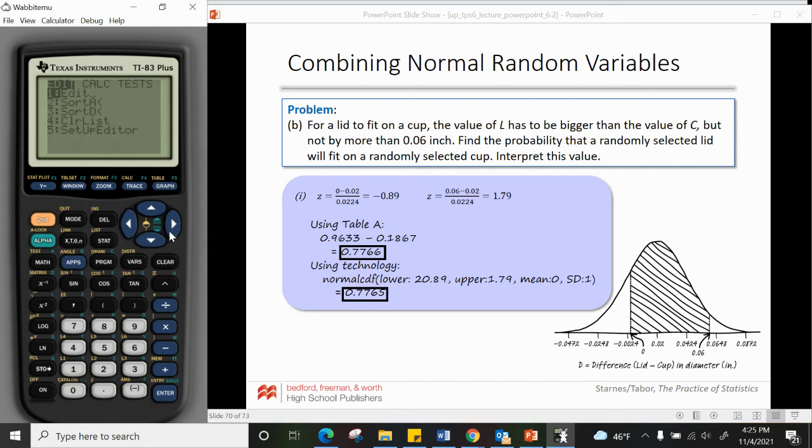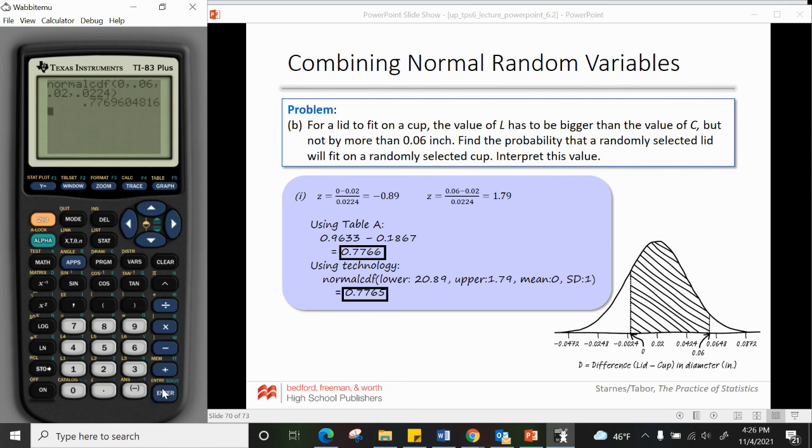I'm going to go second vars, normal CDF. I'm going to use my bounds, so 0, comma, 0.06, comma, the mean, which is 0.02, comma, and our standard deviation is 0.0224.